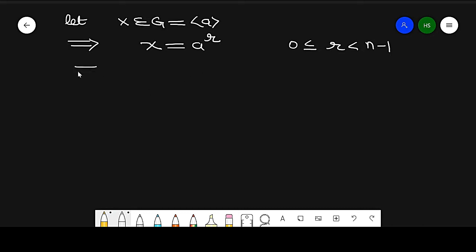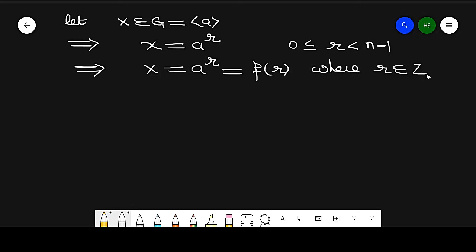So what we get is x equal to a raised to power r, that is x is equal to a^r. So this is equal to f of r, where r belongs to Zn.